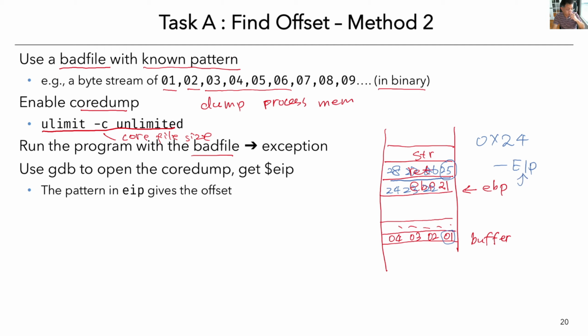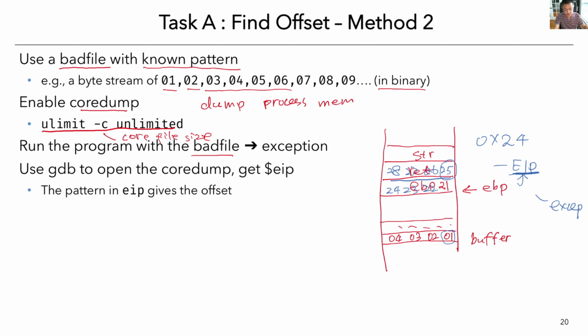So when that happens, it's going to cause an exception. Then you can print out the content of the EIP. This will give you the offset, right? This tells you where the return address is located.